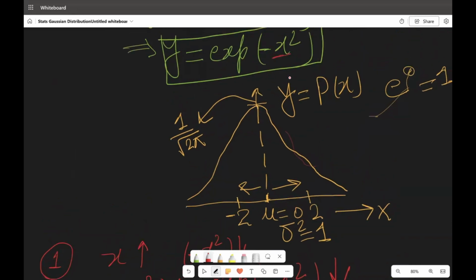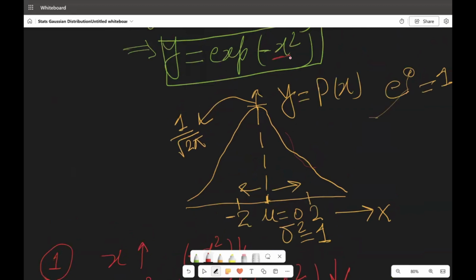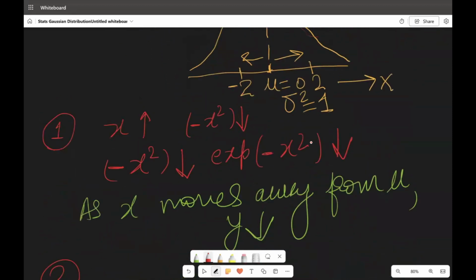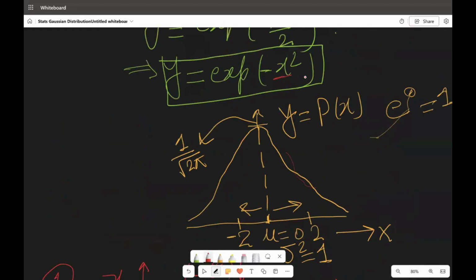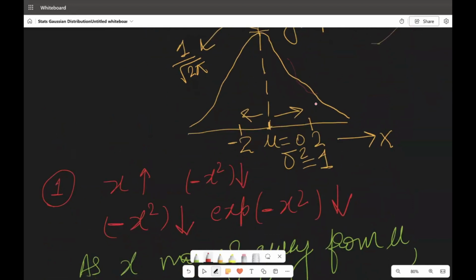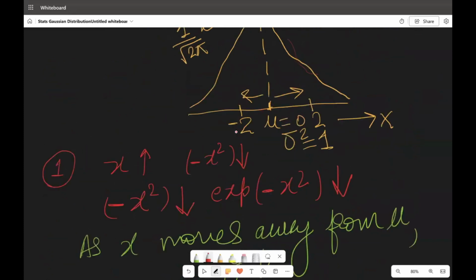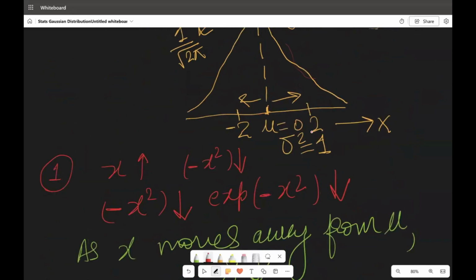Since it already has a minus x square, it doesn't matter whether x is positive or negative. X square is going to be the same value. Which means whether you have x equal to 2 or x equal to minus 2, the value is going to be exactly the same, right?